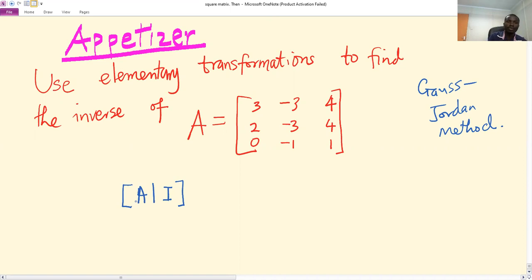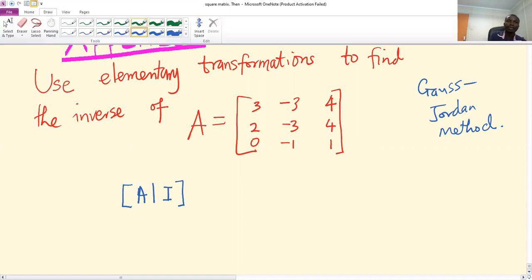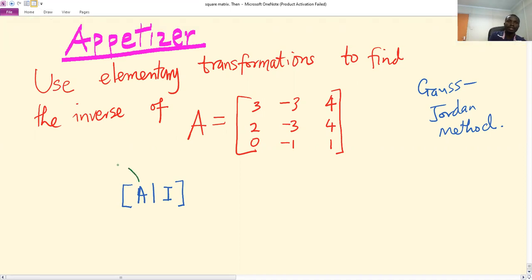And then you use row operations so that this side where this A changes into an identity matrix, and this other side will have a matrix P. So the inverse of the matrix is this P. So let's do that.